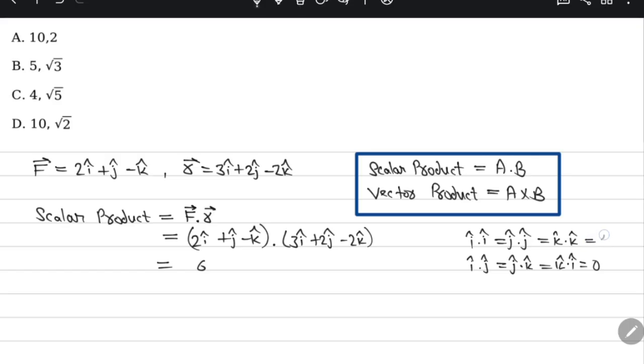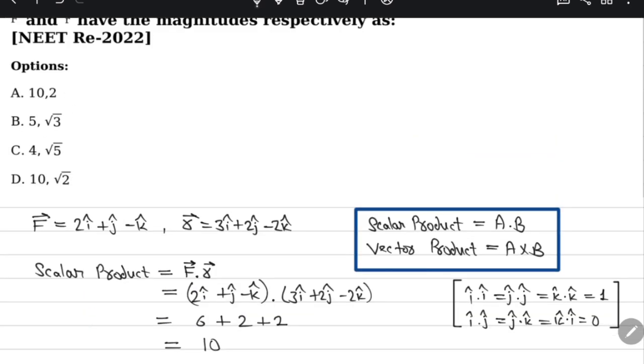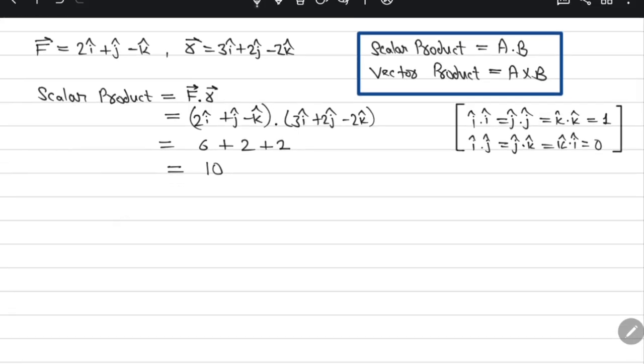I assume you know these basic things. So I dot I is 1, so 2 times 3 is 6. I dot J is 0, I dot K is also 0. So 6 plus 2 plus again 2, this comes out to be 10. Now again we have to find the vector product also.